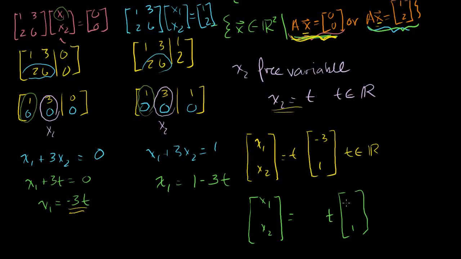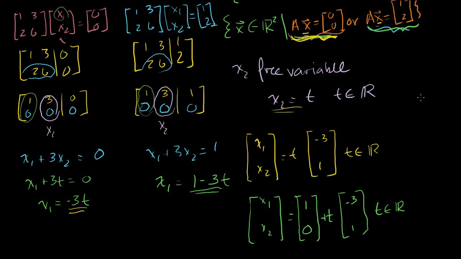So if we do a minus 3, that gives us our minus 3 times t. But we need to do a 1 minus that, or 1 plus minus 3 times t. So we can say that the solution set here is equal to the vector 1, and then 1 plus minus 3 times t for x1. And then here x2 is equal to 0 plus t, or x2 is equal to t. So this is the solution set for the second equation.